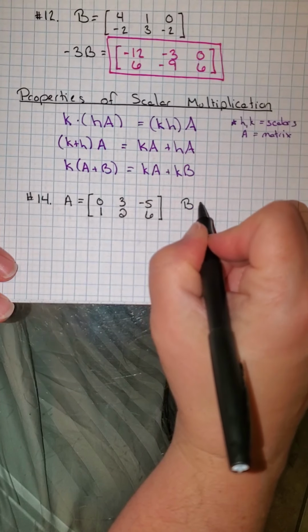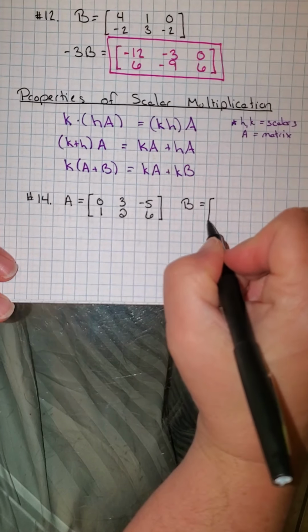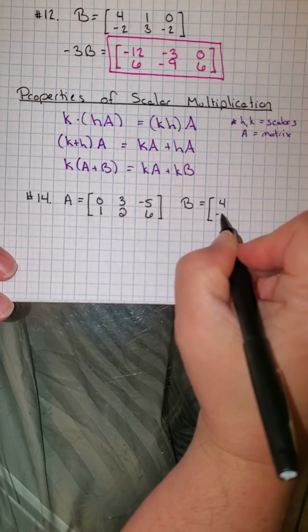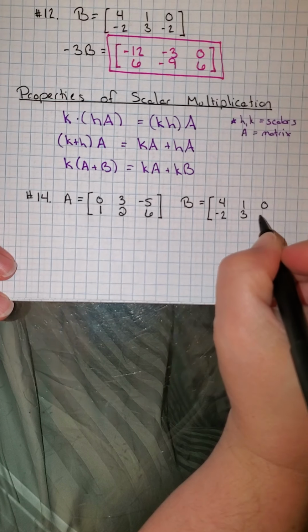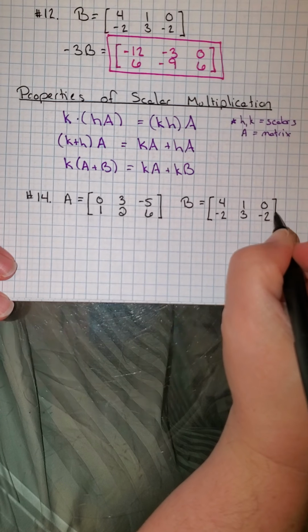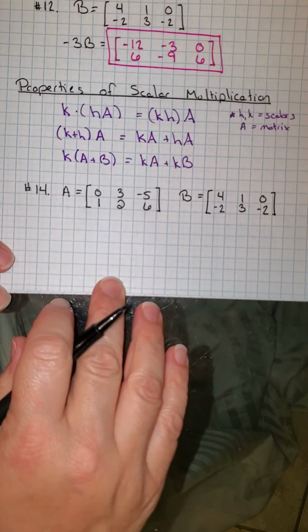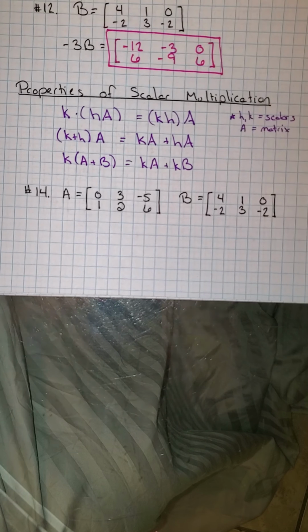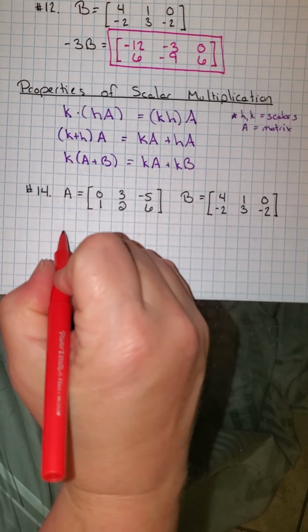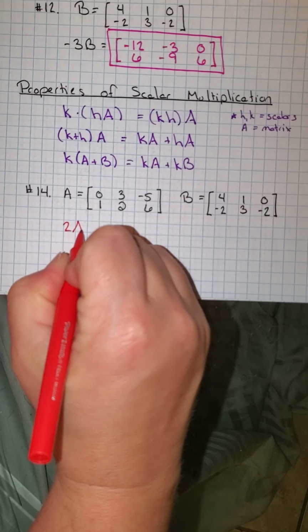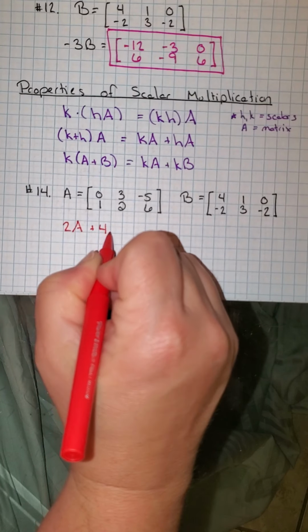And matrix B is 4, -2, 1, 3, and 0, -2. Alright, so on number 14, we're asked to find 2 times matrix A plus 4 times matrix B.